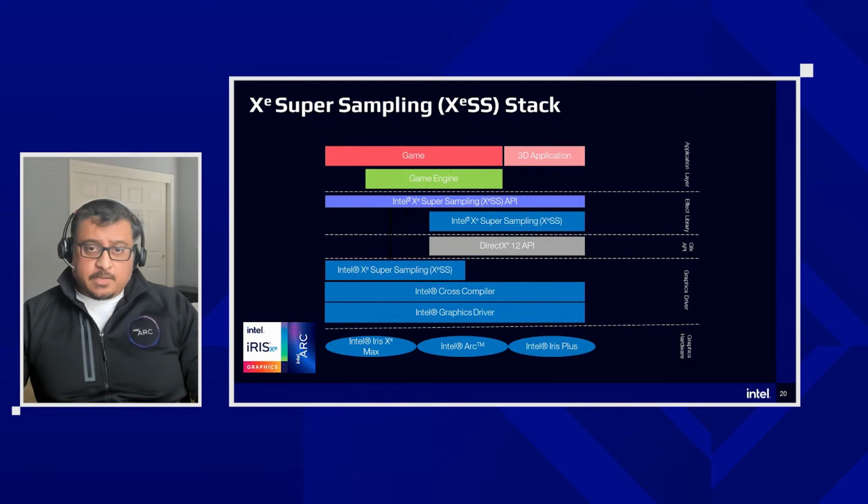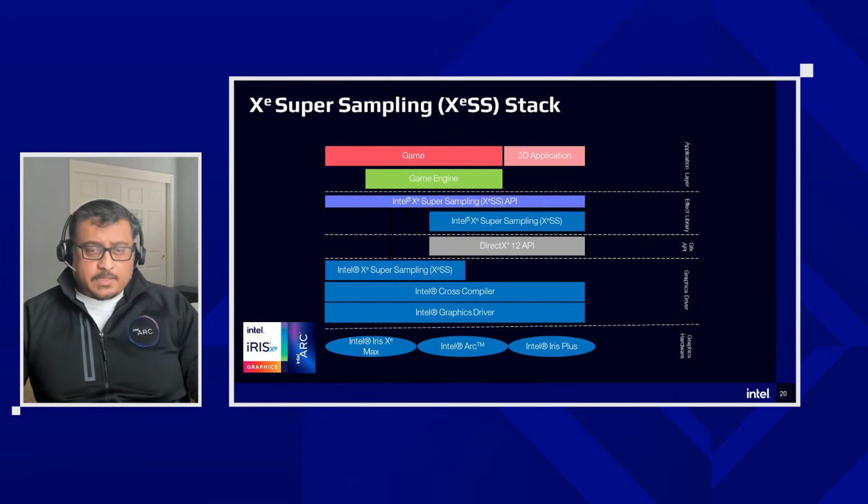This is the SDK API, which will talk to the Intel XeSS implementation, which will talk to our cross compiler block, which is responsible for taking the vector shading language I talked about earlier and compiling it for the DX12 driver and runtime. Then it communicates with the driver to send the work to any of these GPUs. And depending on which GPU you use underneath, it will either use XMX, as I mentioned earlier, or DP4A.